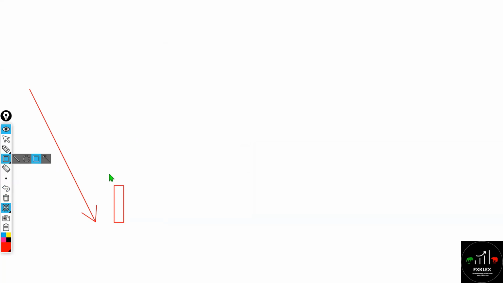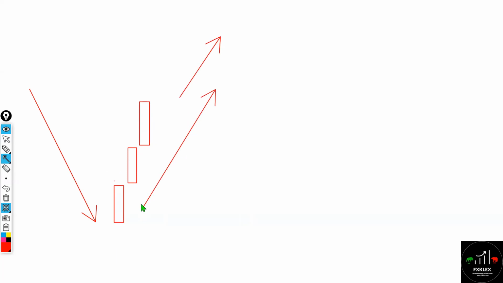I'm going to make a drawing again. Three white soldiers. It's a sign of bullish movement up. For the opposite, what do you think we're going to have? It's called three black crows, not soldiers, crows. So I'm going to give you the writing.